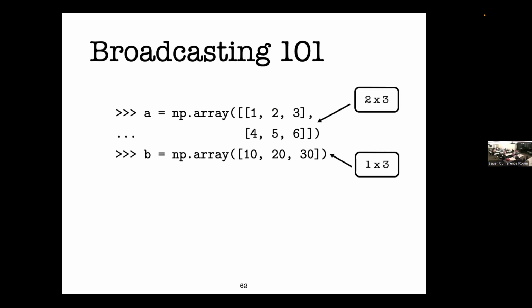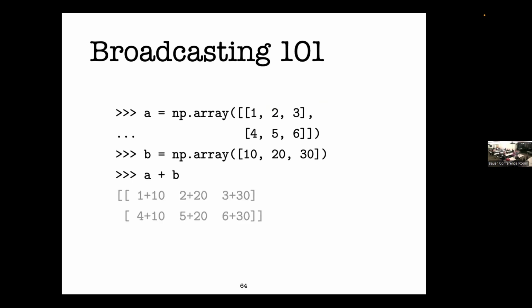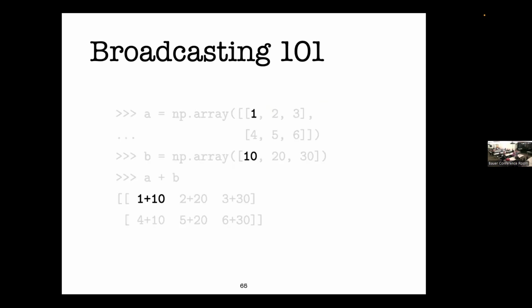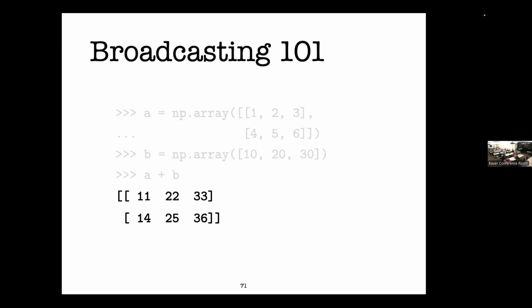So here, if you see, it's 2 by 3, and that's 1 by 3. So you can't have any arithmetic that just Python can't do. You can't just add them together. What NumPy does is, when you add them, it basically takes the first element of both the arrays, second, third, and does the same thing, but for different axes or different dimensions, and you get an answer, okay?